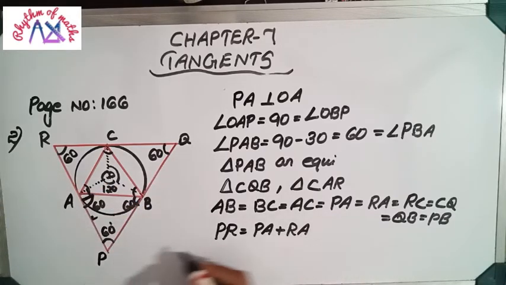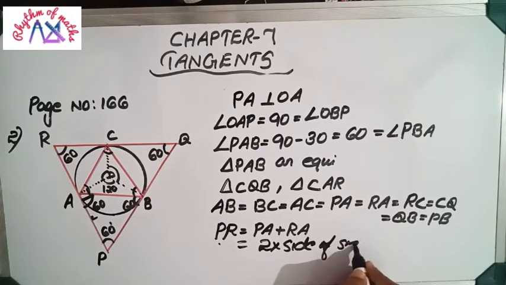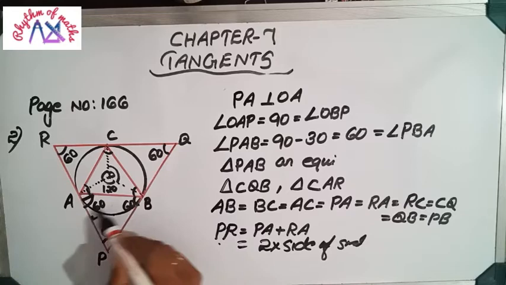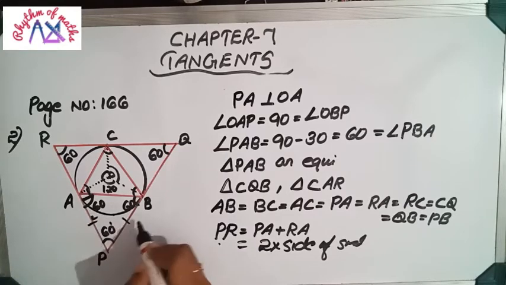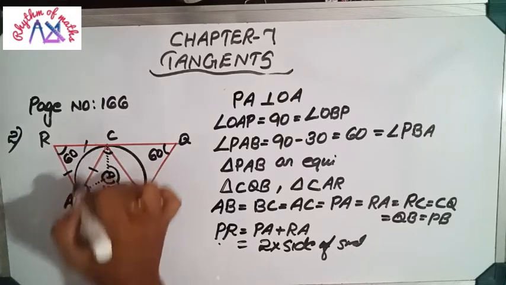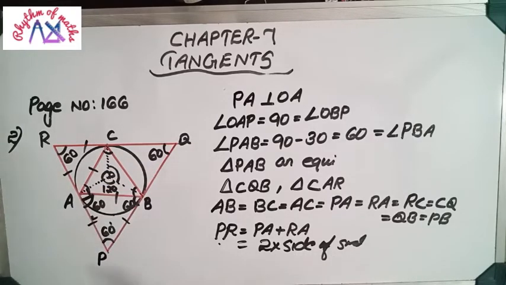That means it is 2 into the side of the small triangle, because as it is an equilateral triangle, the same measurement applies here also. These two sides are equal, so adding the same sides means it is 2 into the side of the small triangle. So this is the second one's answer.